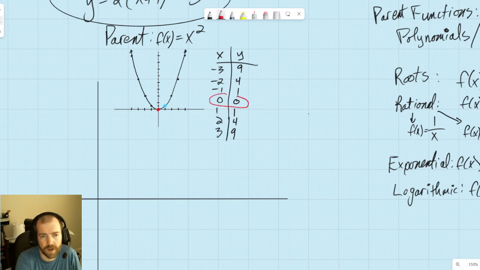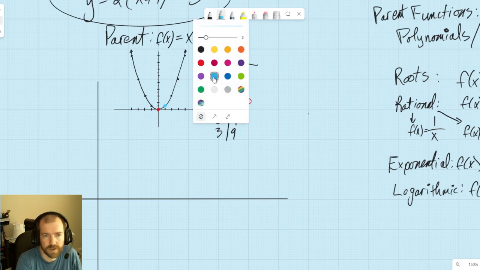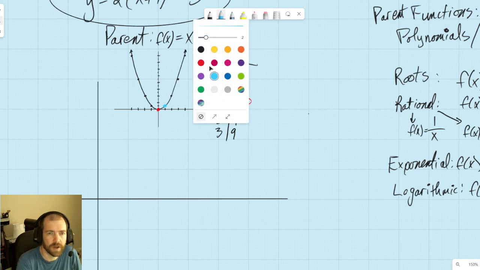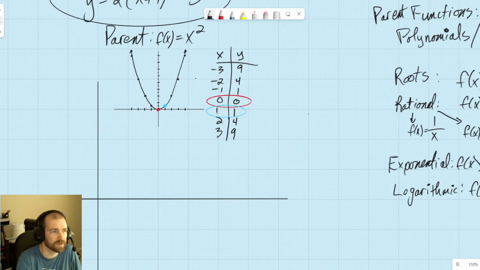So based on that, we have our origin point, 0, 0, which is here. We have our initial point, 1, 1, which is here. And these two points are going to help us guide our graph to be able to say this is how we graph this particular function.